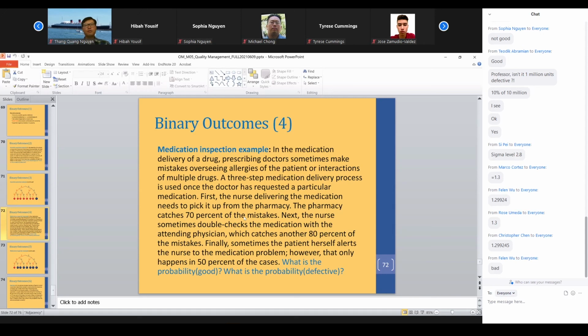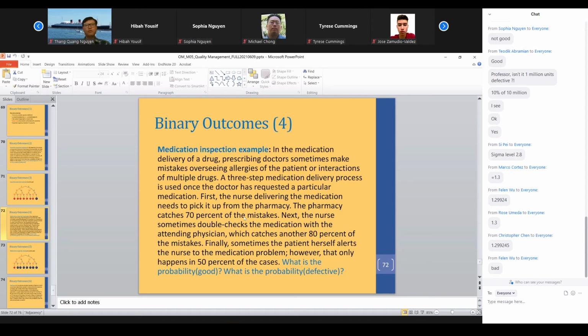So next, a 3-step medication delivery process is used once the doctor has requested a wrong medication. So in this case, we assume that there's a wrong medication in the first place. And our process is used to catch the wrong medication, right? But sometimes the system might miss the wrong medication.